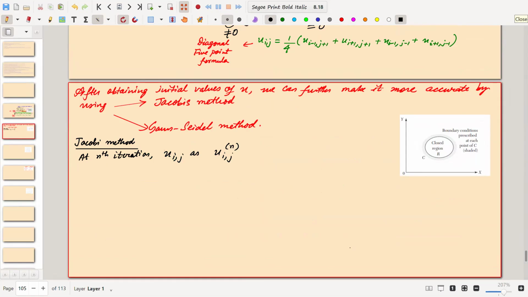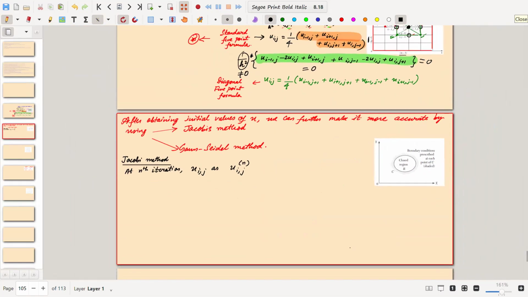You will be doing iteration by iteration to get more and more accurate values. So u_ij at the nth iteration is u_ij^n, and at n plus 1 it will be u_ij^(n+1).